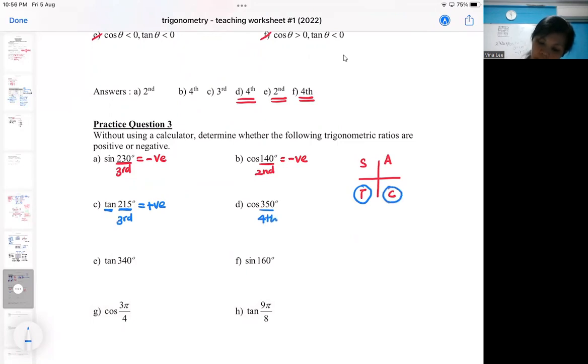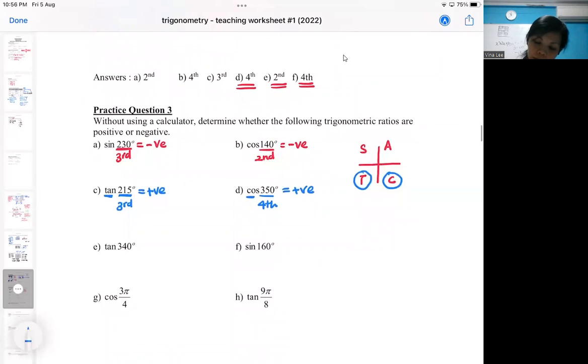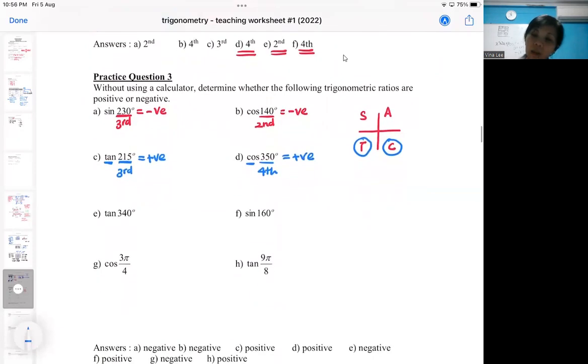Cosine positive, and this is a cosine. As long as you can tell the quadrant, your ASTC comes into use. This one is fourth quadrant also. Cosine positive, but this is a tangent, so negative. This is second quadrant, obtuse angle, sine positive, and this is a sine.